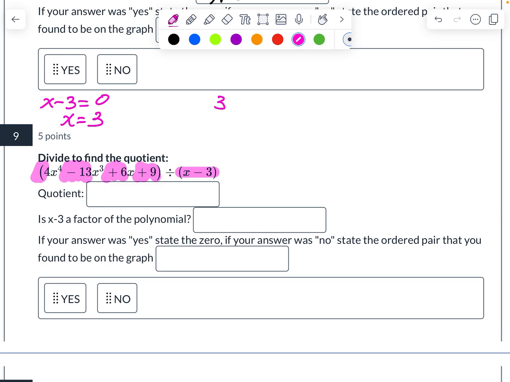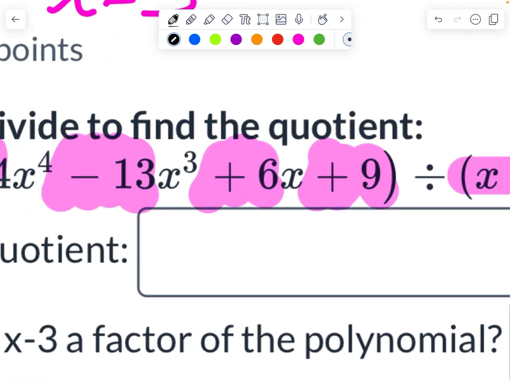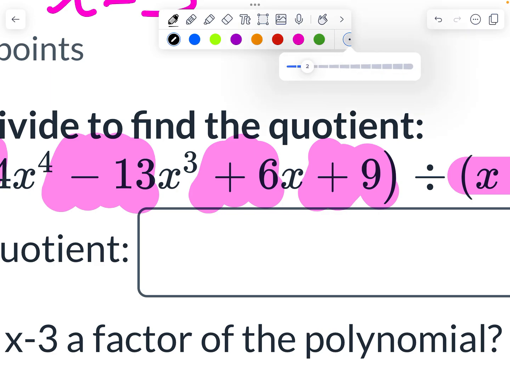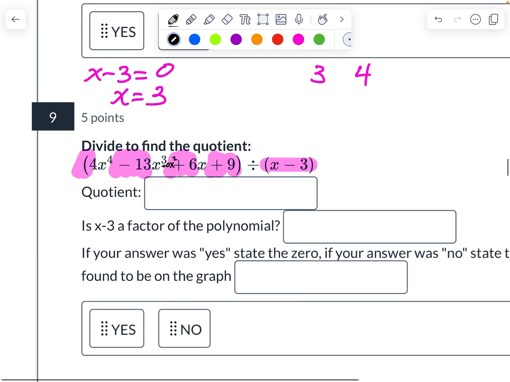So we're going to go 4. Uh-oh. Right in here, we are missing something. We are missing a 0x squared. We are missing a power.